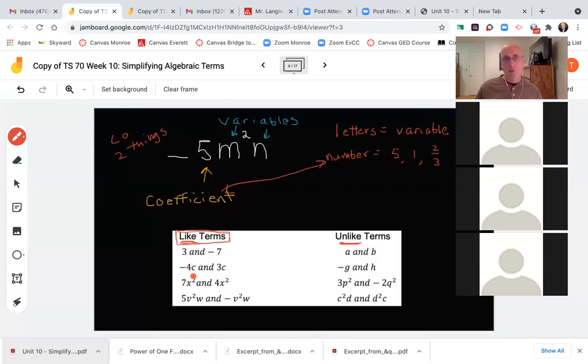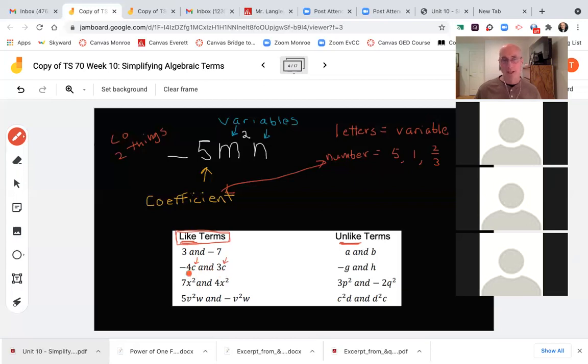I have -4c and 3c. Why are these considered like terms? Look at them for a moment. If you're thinking about the letter c, you have focused on the key idea. They're both, in a sense, c's: -4 times c and 3 times c.